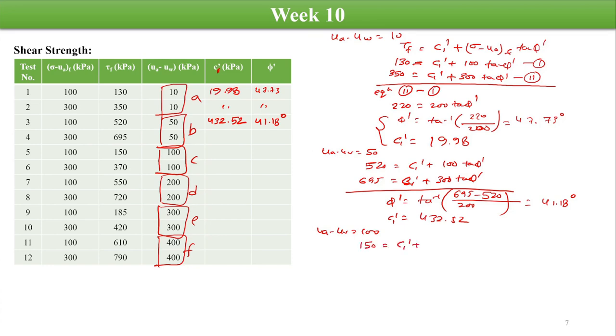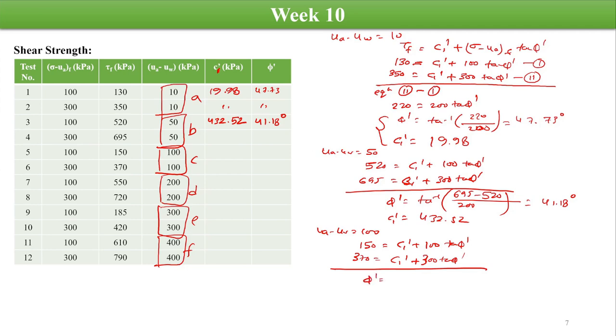150 is equal to C1 dash plus 100 times tan phi dash, and 370 is equal to C1 dash plus 300 times tan phi dash. Then we'll calculate from these two.